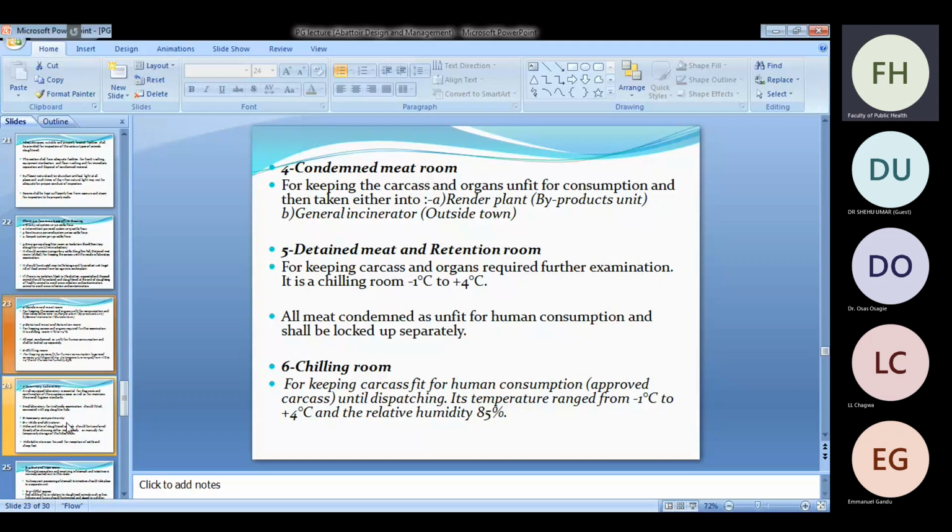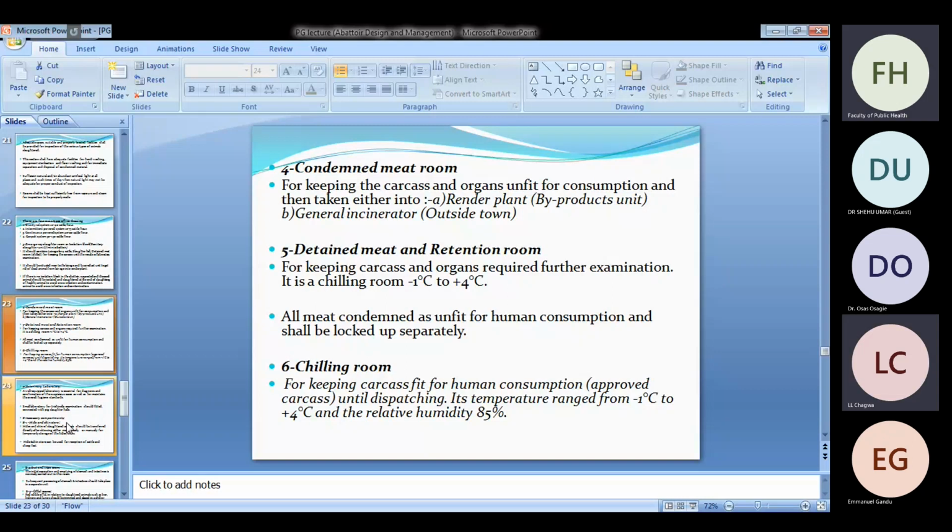Sometimes they frown at it, they find a way of going back to take it, even to sell it to unsuspecting consumers. So make sure condemned meat doesn't have access to consumers. People should not have access to that particular room to be able to use it or sell it to consumers again.